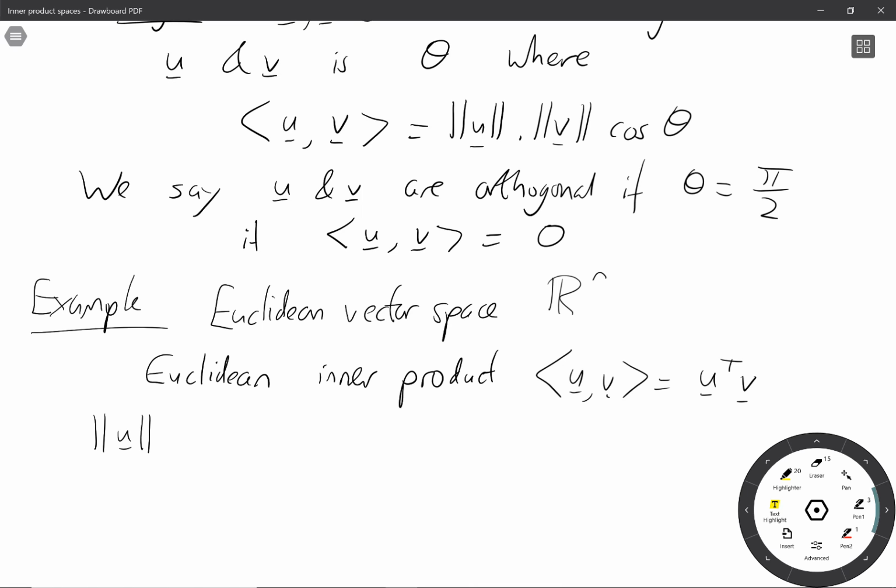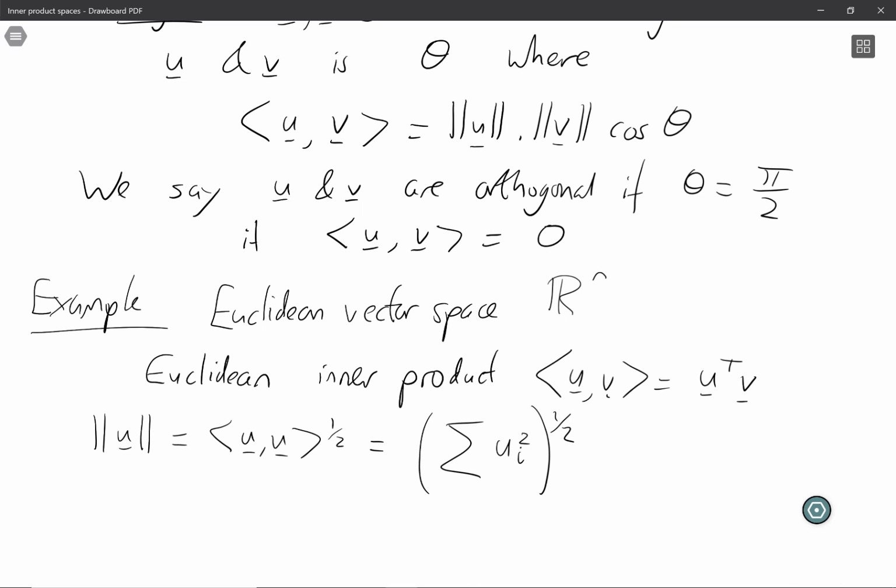So the norm of u is the square root of the inner product of u with itself, which is the square root of the sum of the individual elements of u, u_i squared. This is the usual Euclidean definition of the length of a vector.